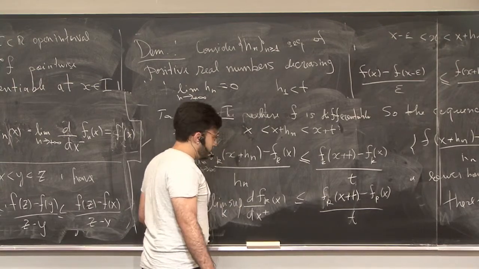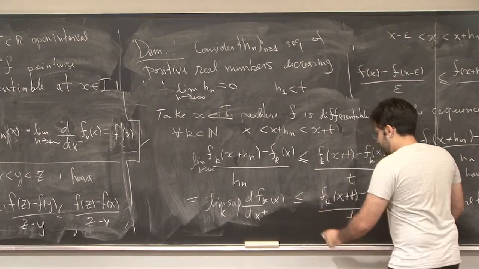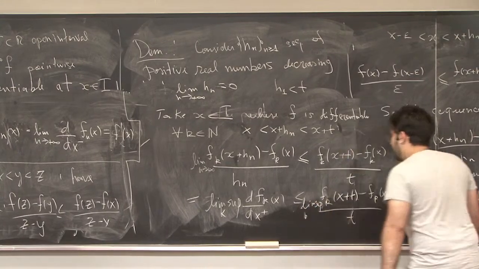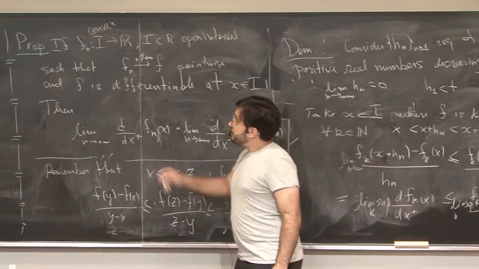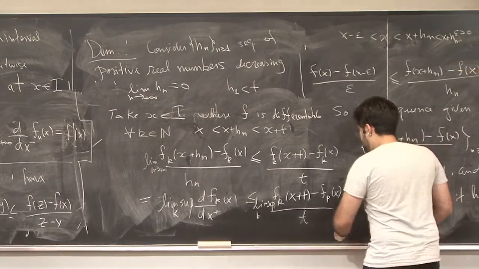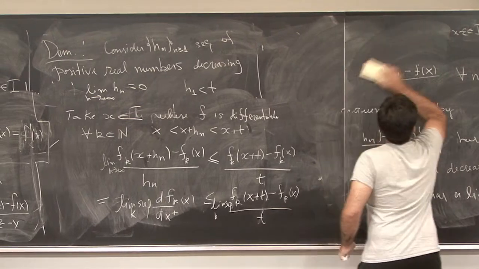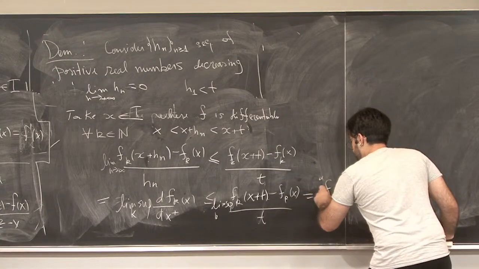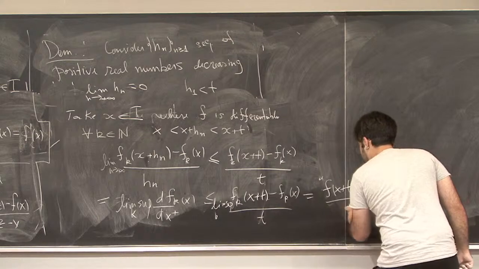And since the functions converge to f pointwise, I know exactly what this limit is, and it will be (f of (x plus t) minus f of x) over t.